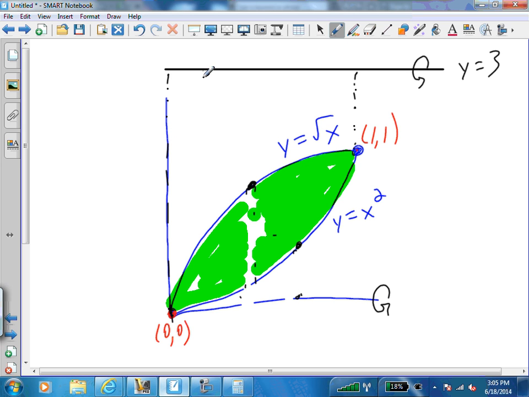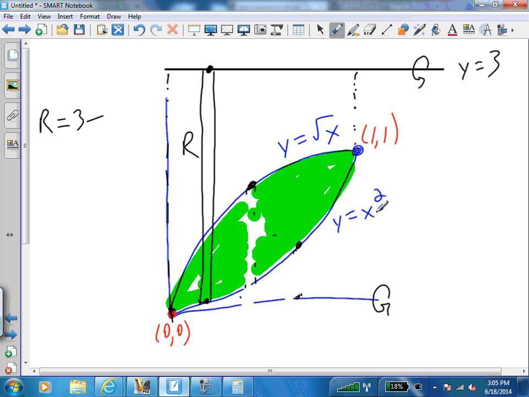Let's take that same figure, this is y equals the square root of x, y equals x squared. Let's take that and rotate it around the y-axis.